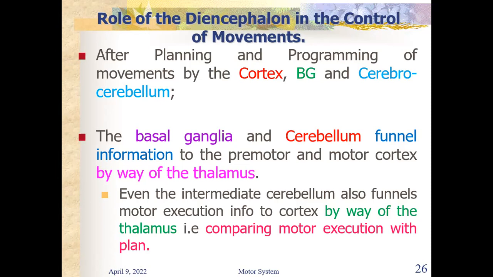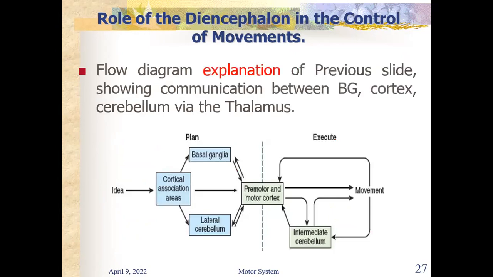The information is funneled via the thalamus. When you look at the next slide here, you understand what I'm saying. So after the lateral cerebellum and the basal ganglia plan the movement, they funnel the information by way of the thalamus, the thalamus is here, the thalamus is also here, to the premotor and motor cortex, which will now execute the movement.